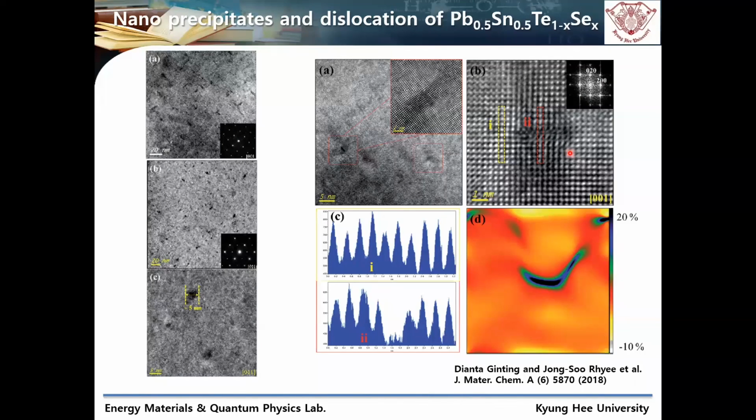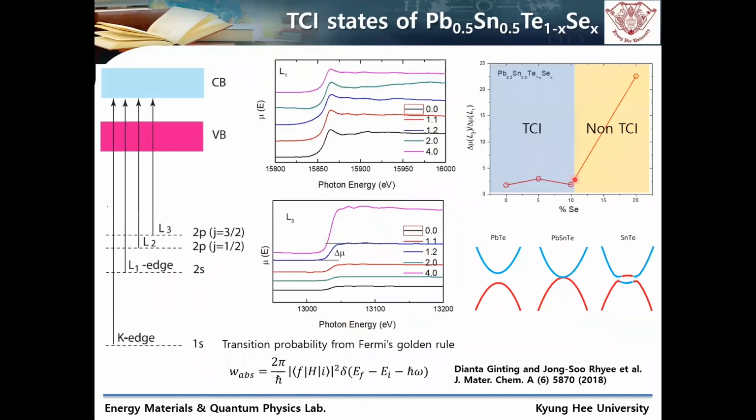And we measured the topological phase transition because in the case of topological phase transition, the p-band transition, for example the L3 band transition, from p-band to conduction band is forbidden because it is an s-band. The p-band forms the valence band and the s-band forms the conduction band in a conventional semiconductor, but in the topological state, the p-band and s-band are inverted, and the s-band becomes the valence band... the s-band becomes the conduction band and the p-band becomes the valence band.